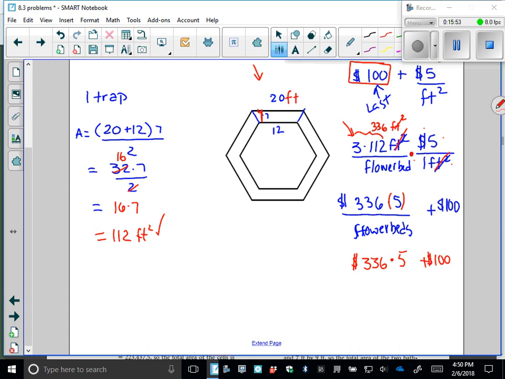And that's going to give me the total cost. So this is the cost for the flower beds, and this is just the flat rate for the company. Then you multiply those out, add them together, and that should give you the correct answer for that problem.